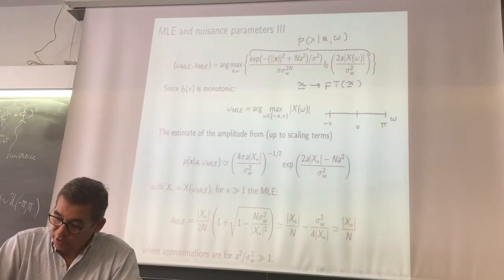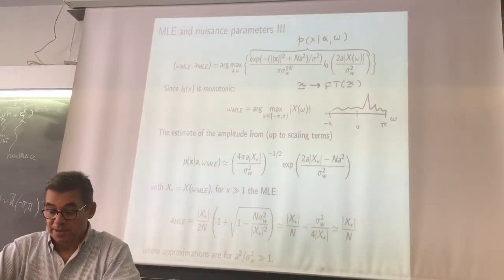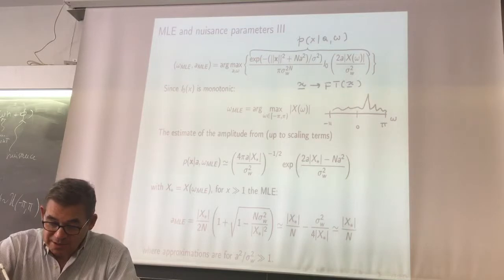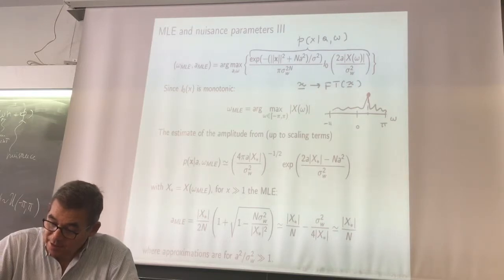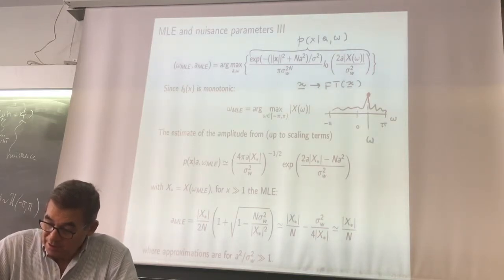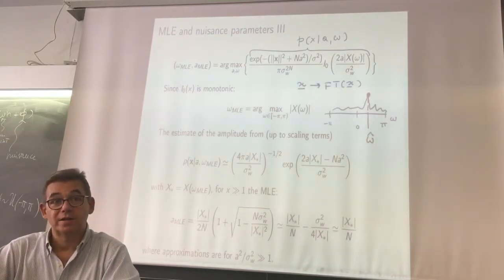The Fourier transform behaves this way, so the estimated value omega hat is the argument which is maximizing the Fourier transform.